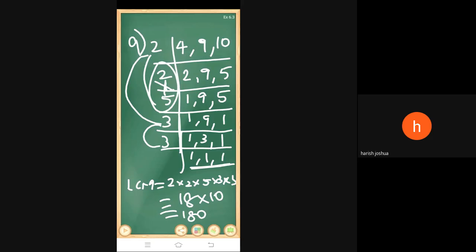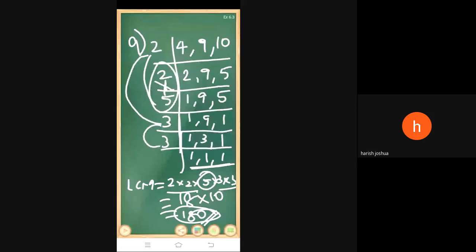We got the LCM. Now we should find the perfect square, the required smallest square number. They are asking for a square number, so you have to check whether 180 is a square number or not. Let us find the prime factorization. This 2 has a pair and this 3 has a pair. Which number does not have a pair? 5.